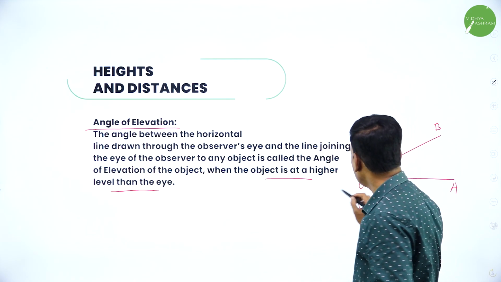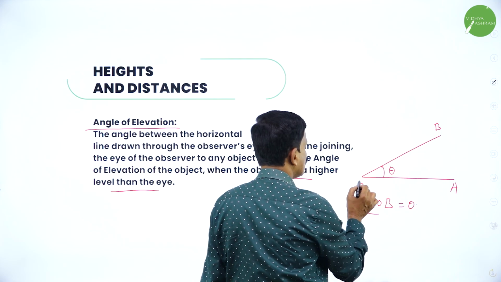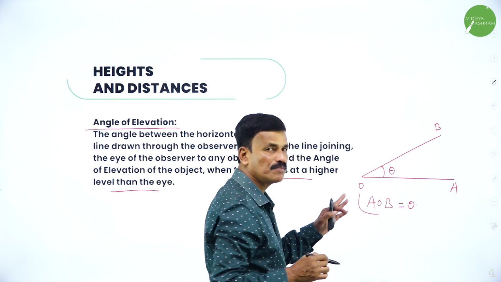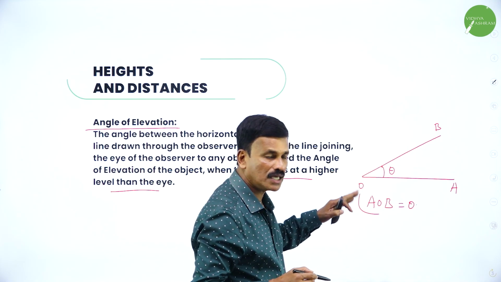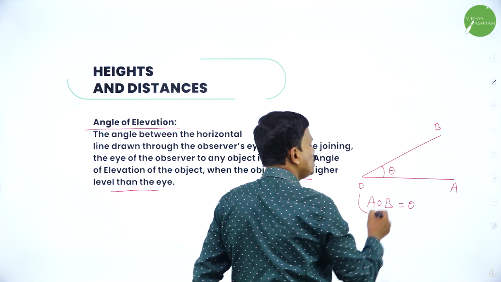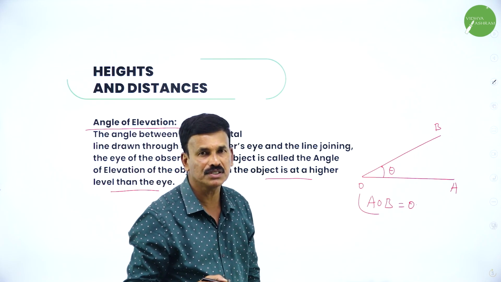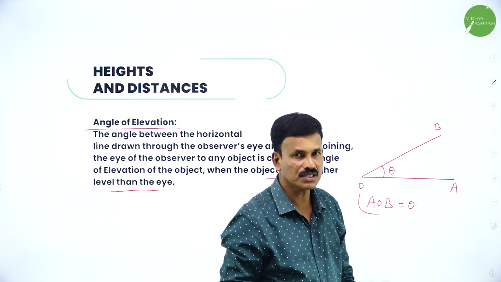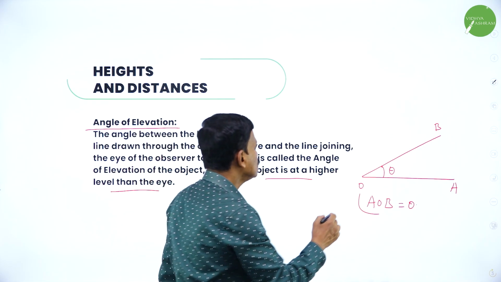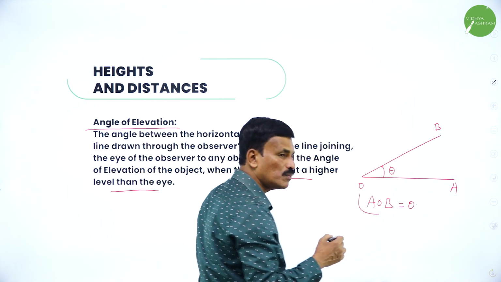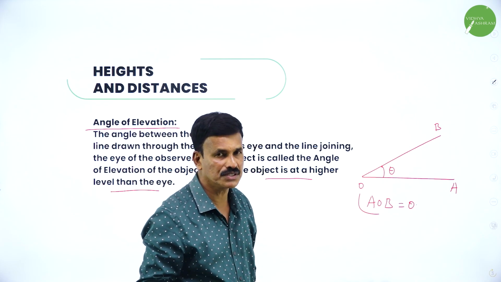So if OA is horizontal, this is called the line of sight. If an observer observes the point B from this point, then this angle AOB is called the angle of elevation. So the angle of elevation means the angle between the horizontal and the line of sight above the eye.